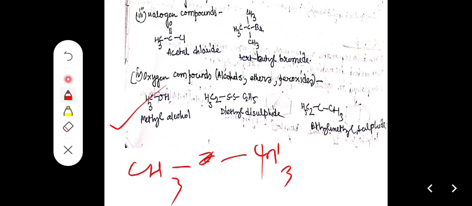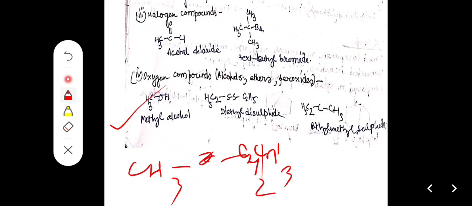If there is CH2CH3 on one side and CH3 on the other, they are not identical. So there we do not use any di or tri prefixes, we have to consider ethyl, then methyl, then ether, because E comes first, then M in alphabetical order. So we use first ethyl, then methyl.